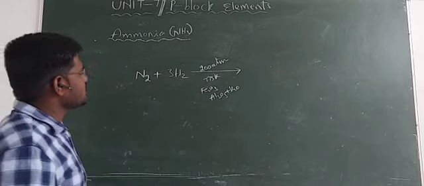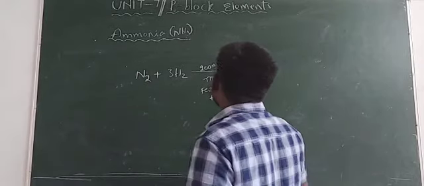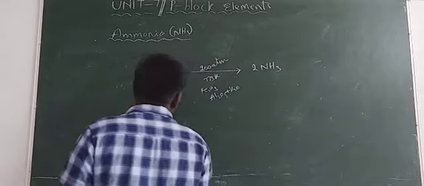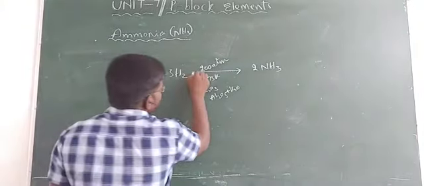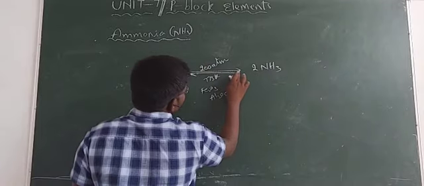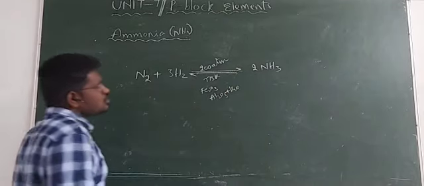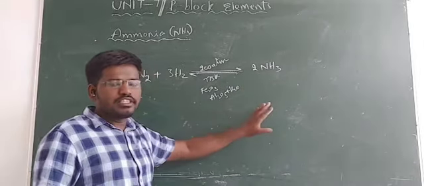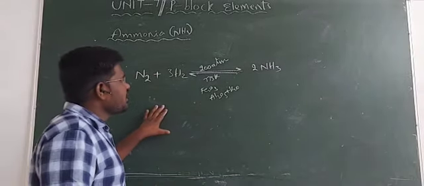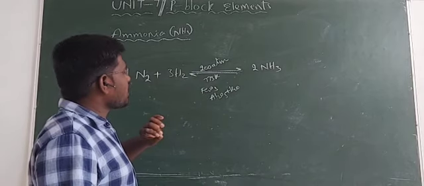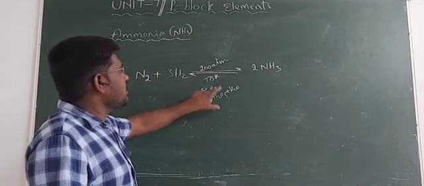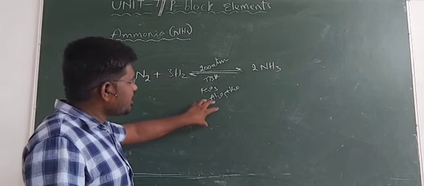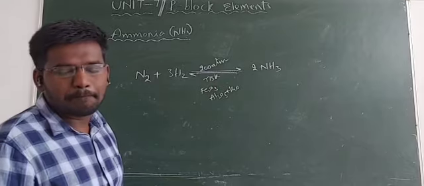Under these conditions, these two react together and give 2 moles of NH3 gas. Now this is a reversible reaction. In order to get more product, following Le Chatelier's principle, we have to maintain high pressure and moderate temperature, and the catalyst is used to speed up the rate of reaching equilibrium.